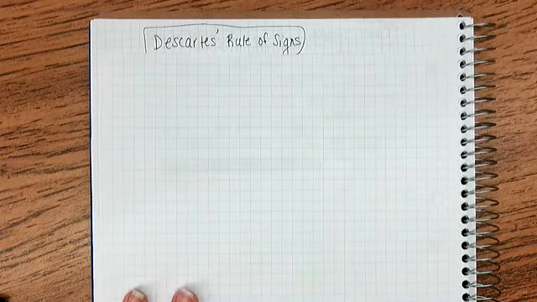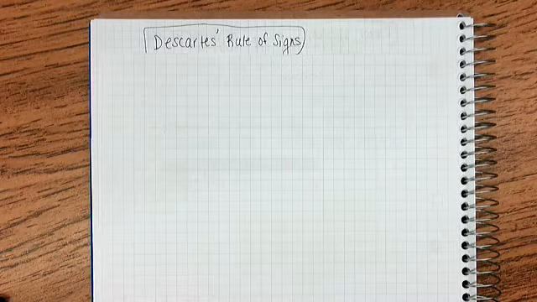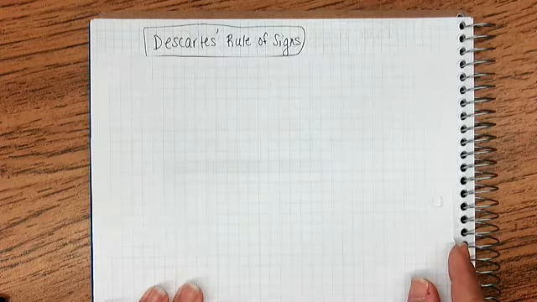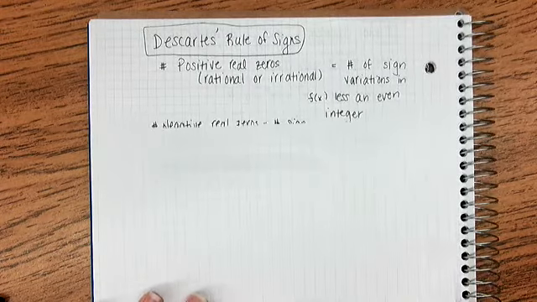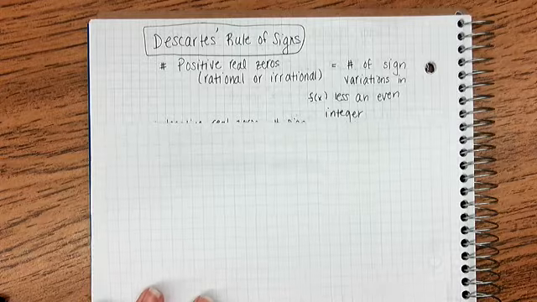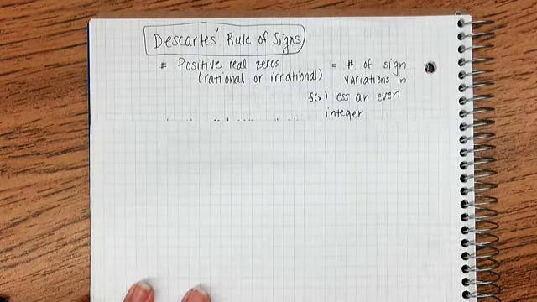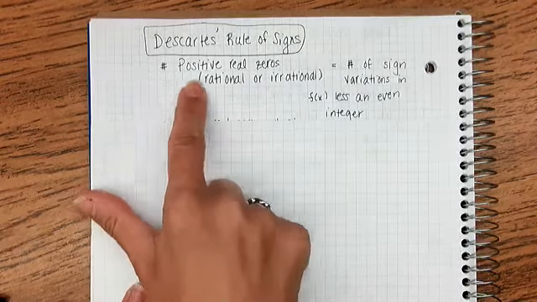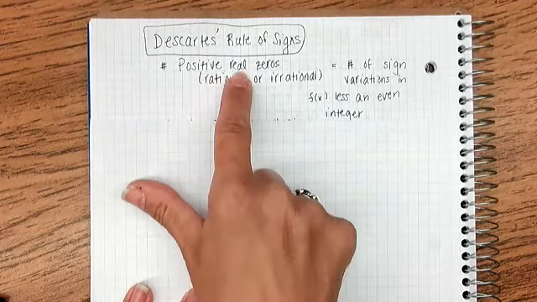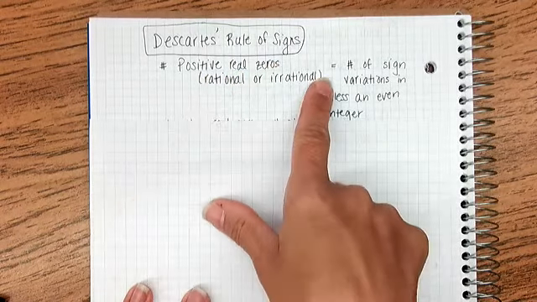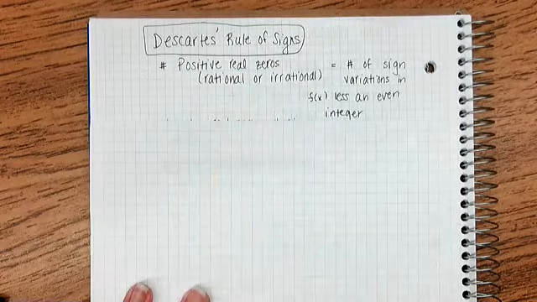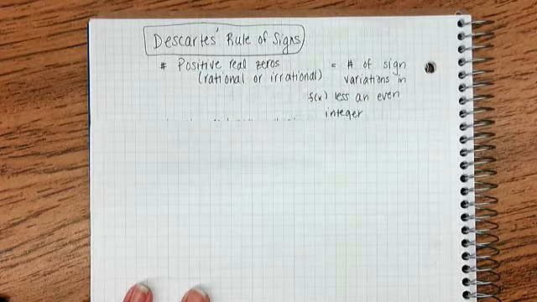So there is a special guy named Descartes. He is French. All right, Descartes' rule of signs. This is a little bit gnarly, and I will certainly go through it. The number of positive real zeros, they could be rational or irrational. Rational root theorem, the P over Q, is only for rational.